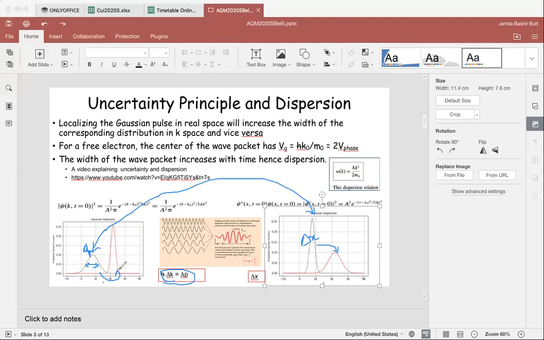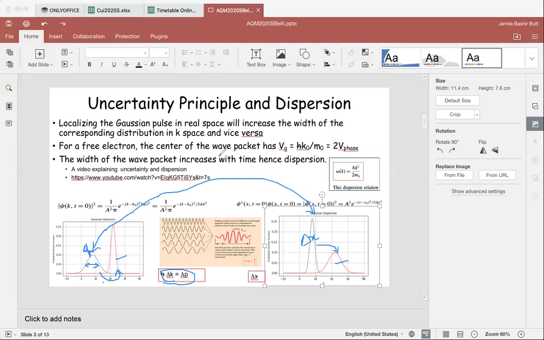Please don't pay attention to units, they were arbitrary. But here the uncertainty in momentum is reduced. The uncertainty in x is increased, but the uncertainty in momentum is reduced. So again, the product will remain greater than or equal to h over 4 pi.